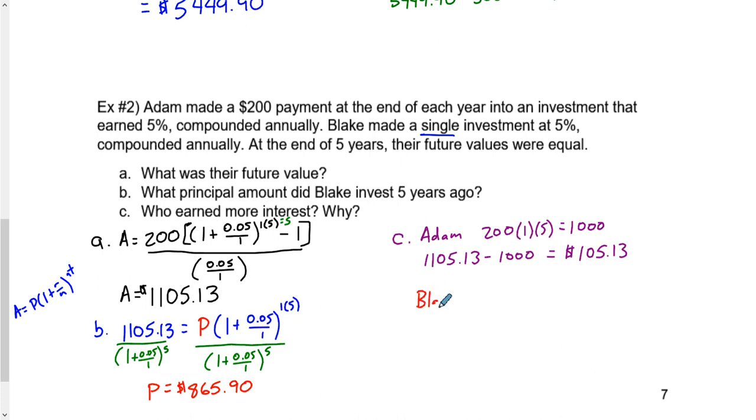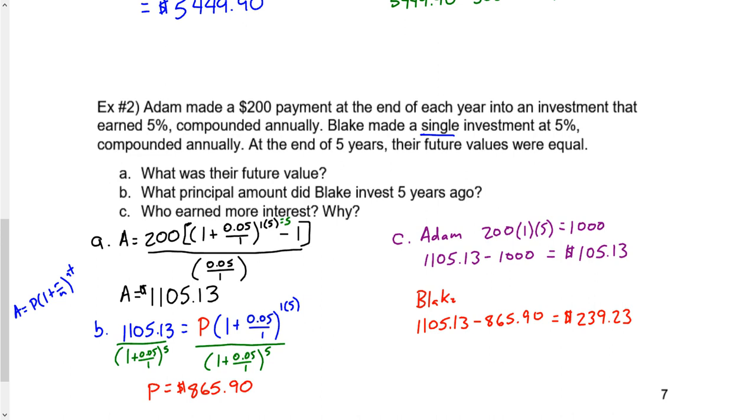Blake, though, had the same value, same worth, but he had only invested $865.90. So Blake would have earned $239.23 of interest.